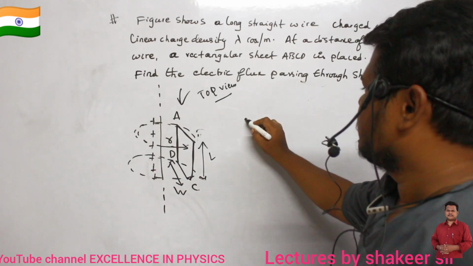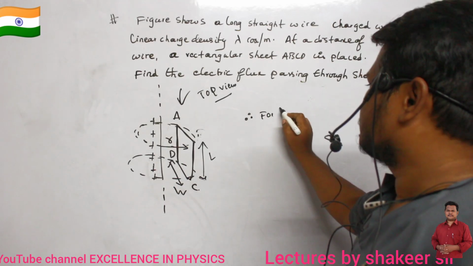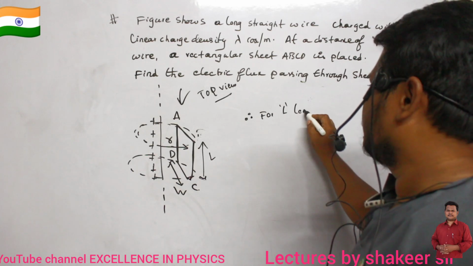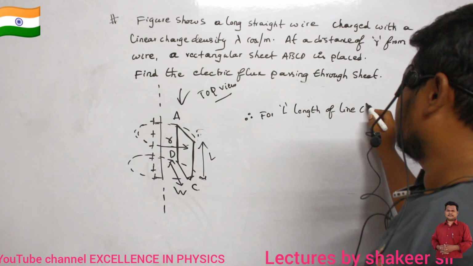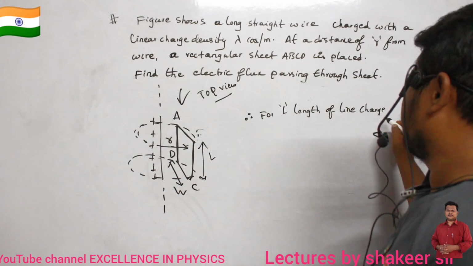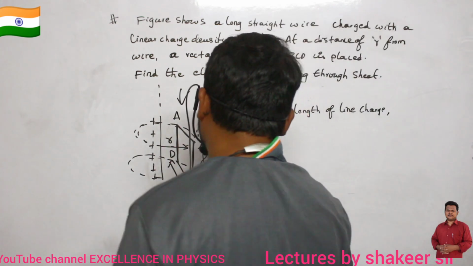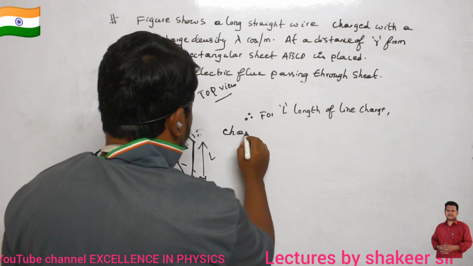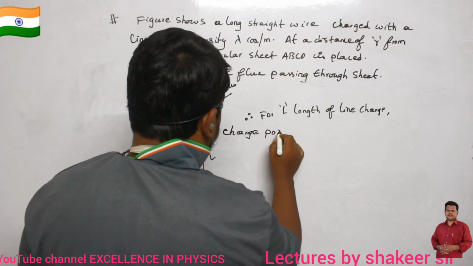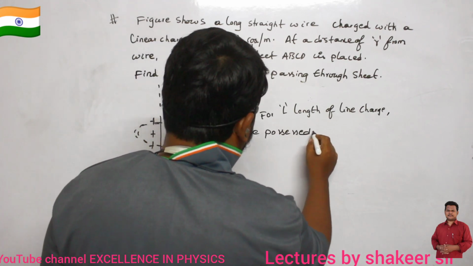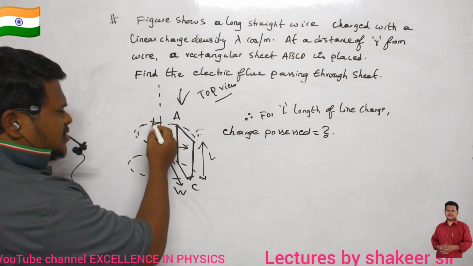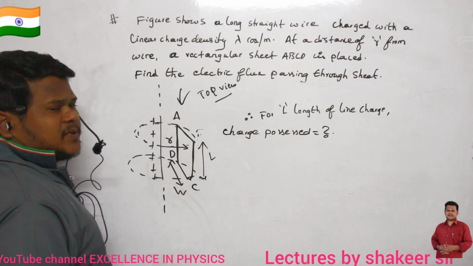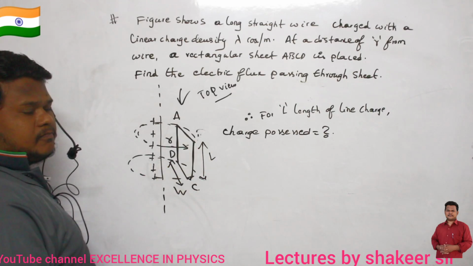So therefore, for L length of line charge, clear, ma? Charge possessed by this one is how much? How can I calculate? For L length of this line charge, how much charge will be present? How can I calculate?